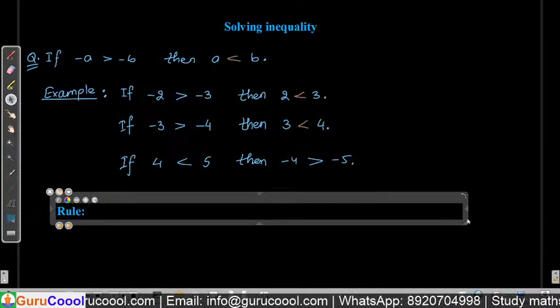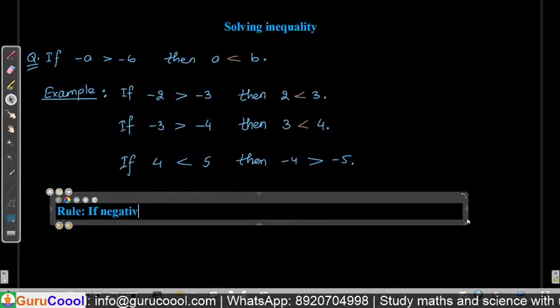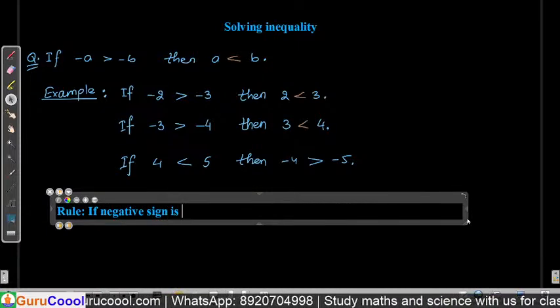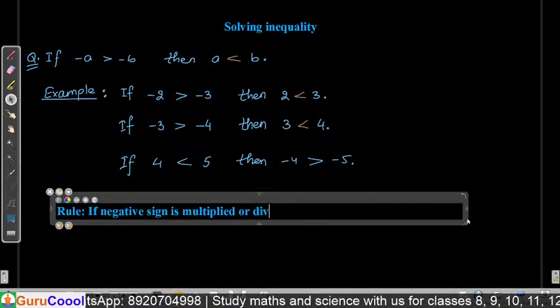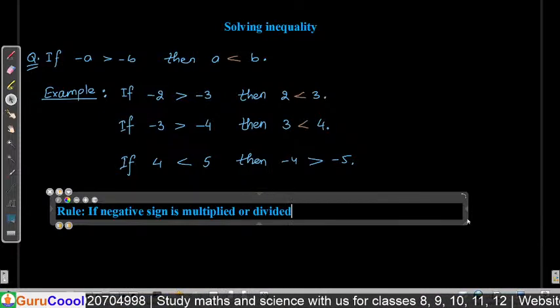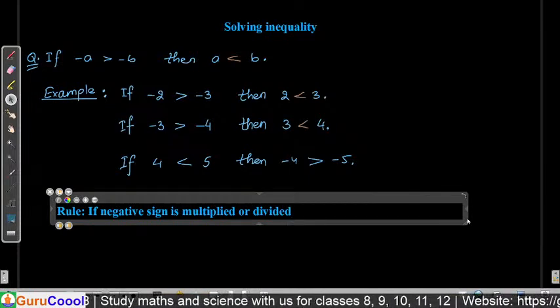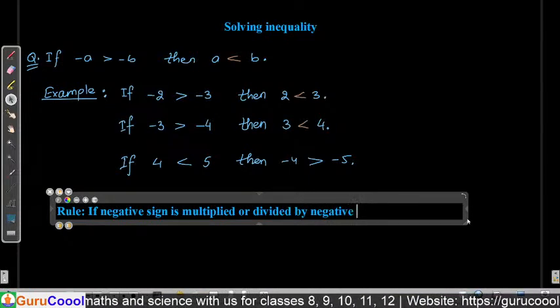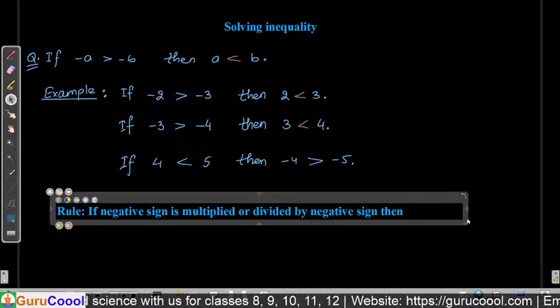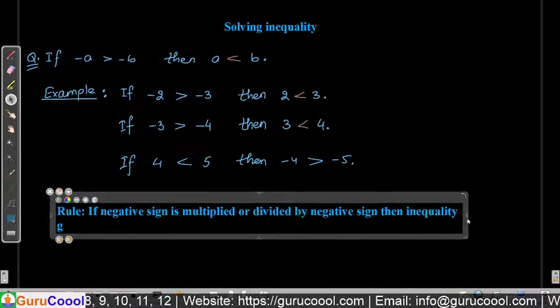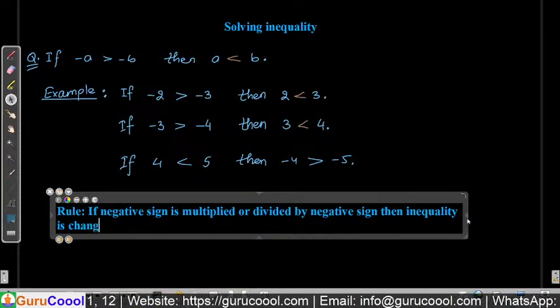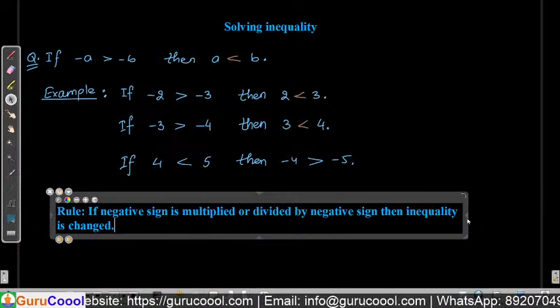Rule says if negative sign is multiplied or divided by negative sign, then inequality is changed.